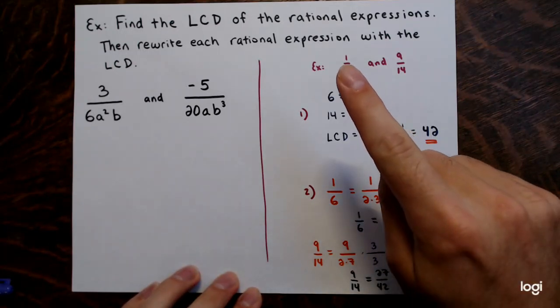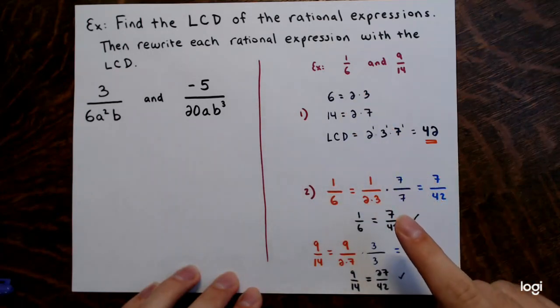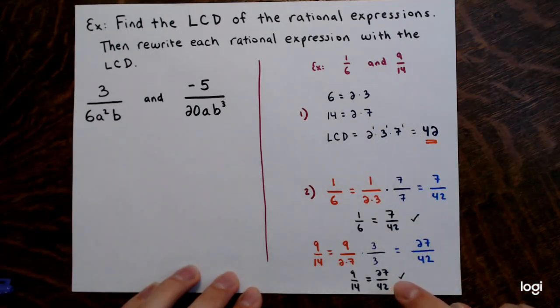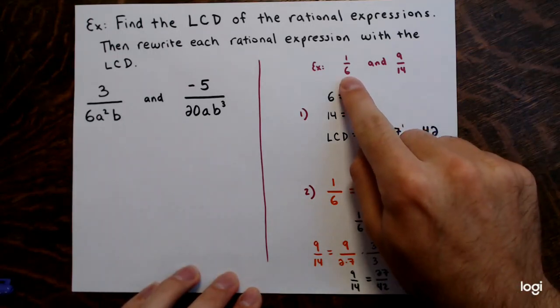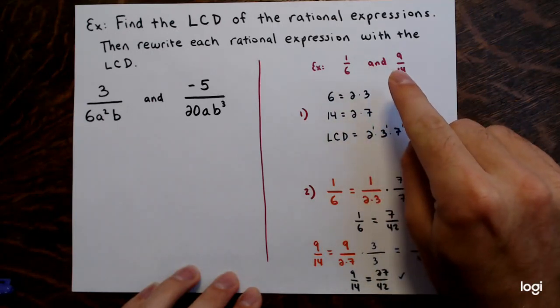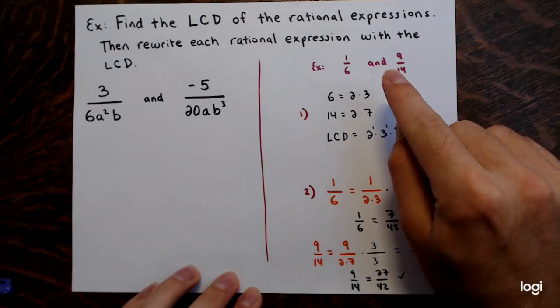So the reason I'm changing 1/6 to 7/42 and 9/14 to 27/42 is so then I can add or subtract these numbers. Because if I said what's 1/6 plus 9/14, we couldn't add them the way they look right now.